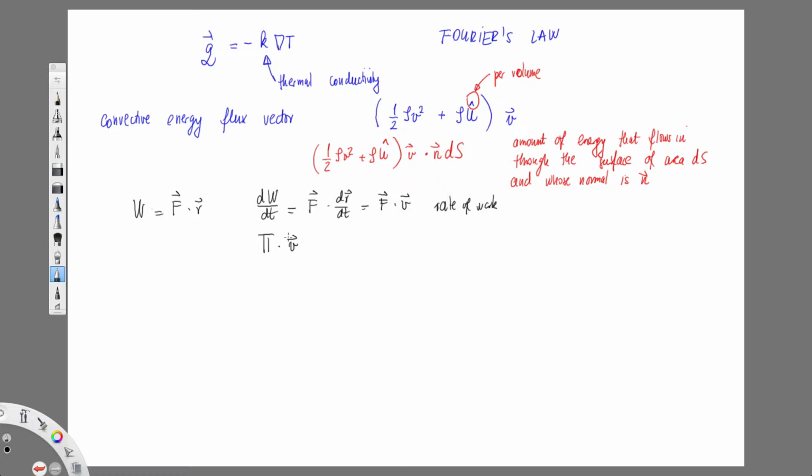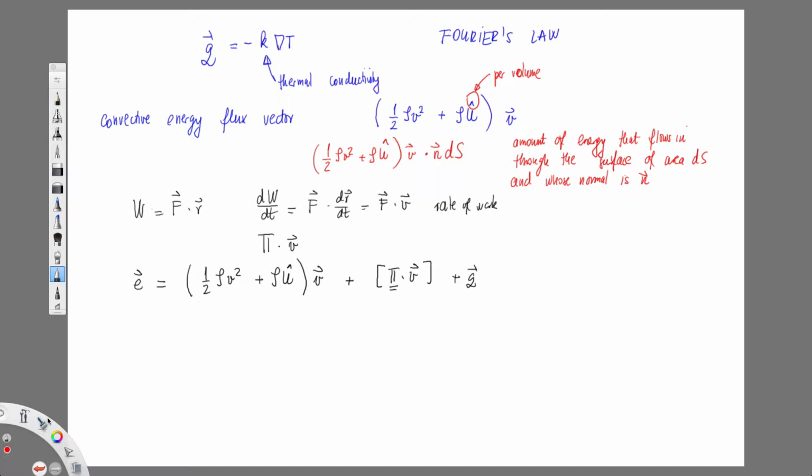So when I put it all together, 1/2 rho v squared plus rho u, times V. So this is my convective energy flux, plus the molecular work, and I'm writing it with square brackets just like in the textbook to indicate that it's a vector because P is a tensor. I could also then do this, okay? And plus q.